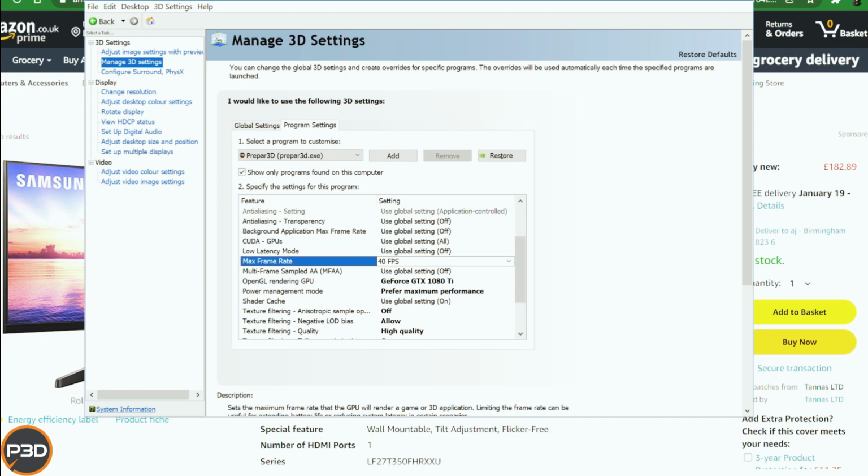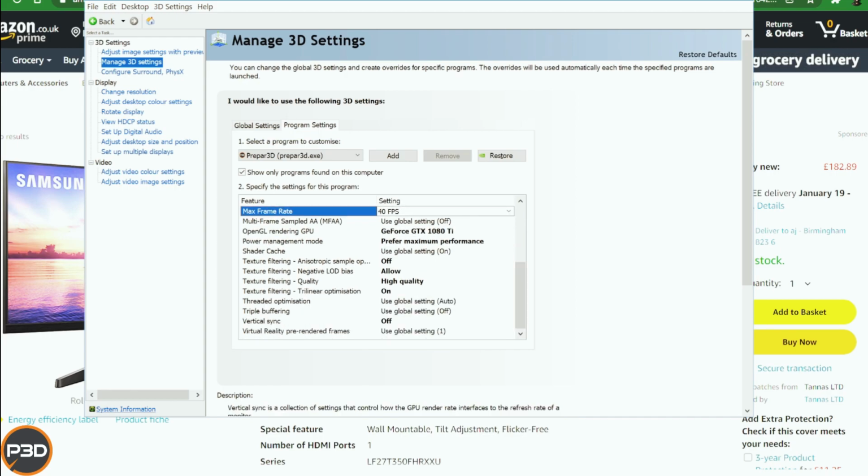Okay. If I was to turn vertical sync on, then my GPU is now trying to match P3D to 60 FPS, which it will probably struggle with, like with the PMDG plane loaded in with True Earth and all the other stuff that I'm loading in as well. It's probably going to really struggle to render all that at 60 frames.